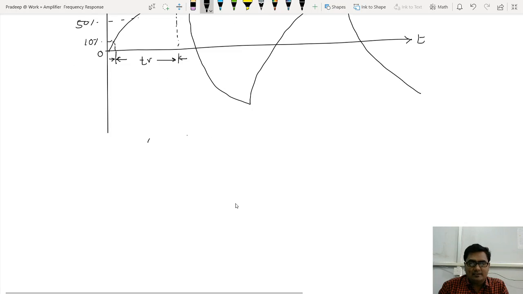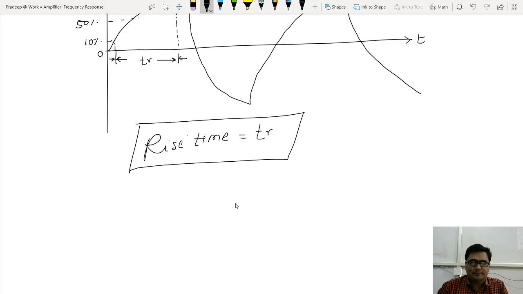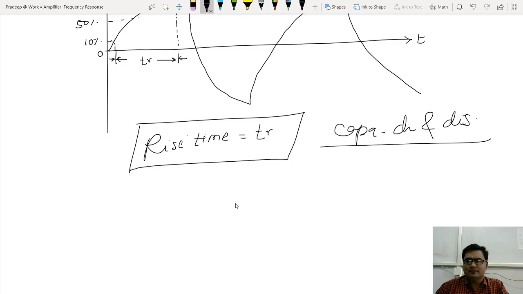Let me write it as rise time. And that rise time can be derived from the equation of a capacitor charging and discharging. We are not going to derive the equation. I just want to tell you the concept of rise time.